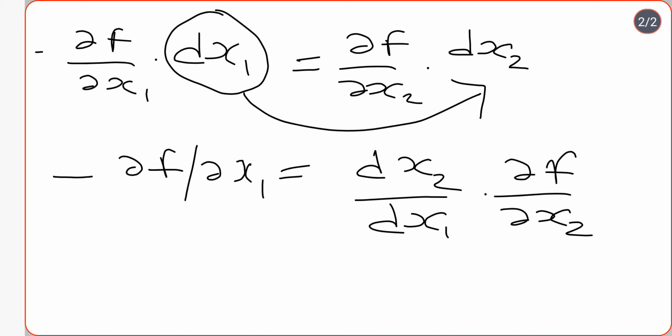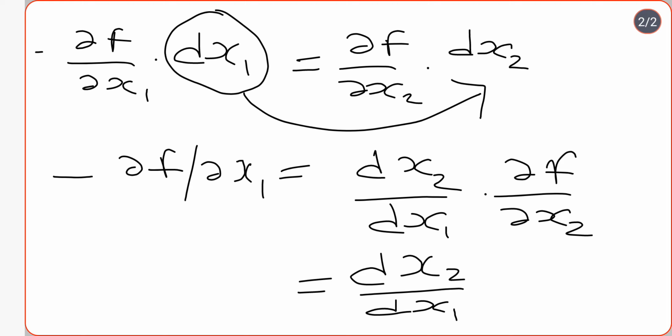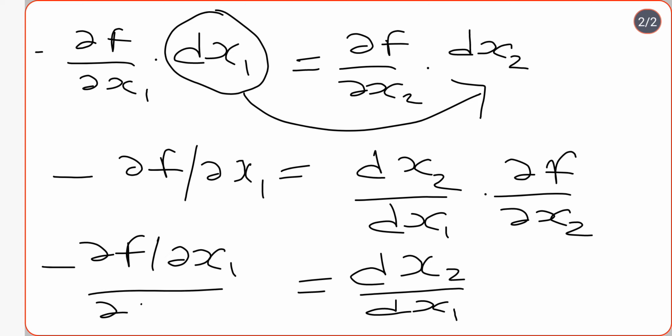We will get dx2 by dx1 on the right hand side, that will remain the same, but the left hand side will now become minus del f by del x1 divided by del f by del x2. So this is now our left hand side.